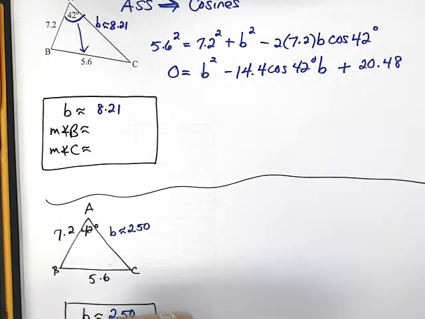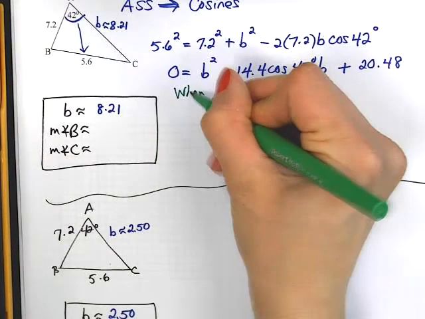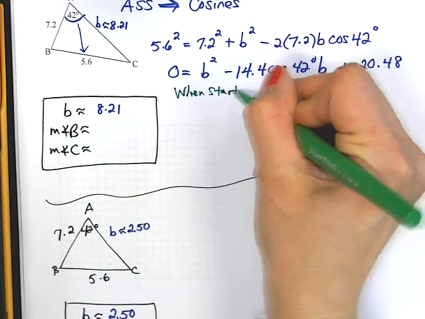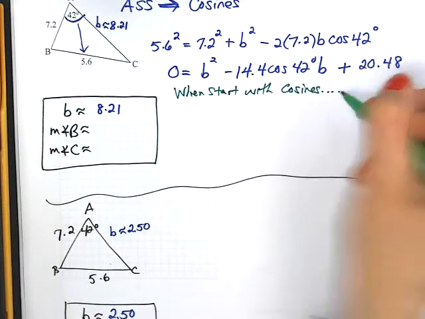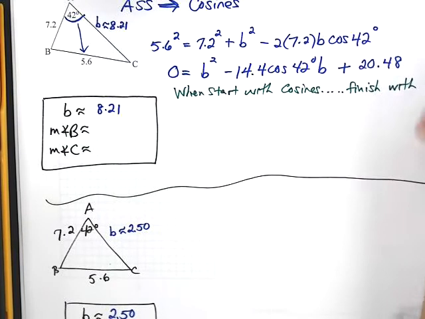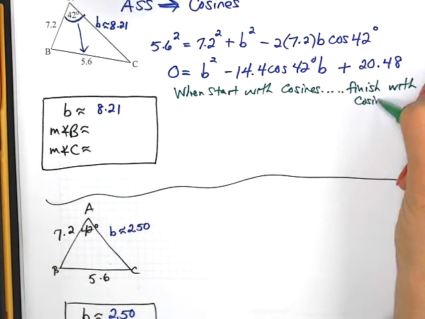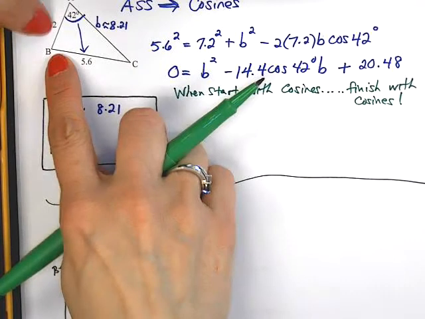And once you start with cosines, finish with cosines. Otherwise you might turn it into another angle side side problem and then you're going to get the wrong answer. So I'm going to go for the measure of angle B next.